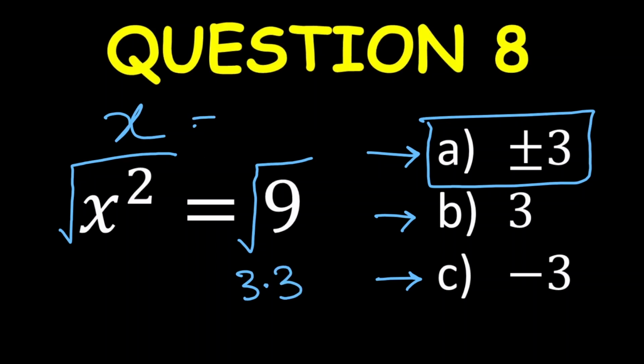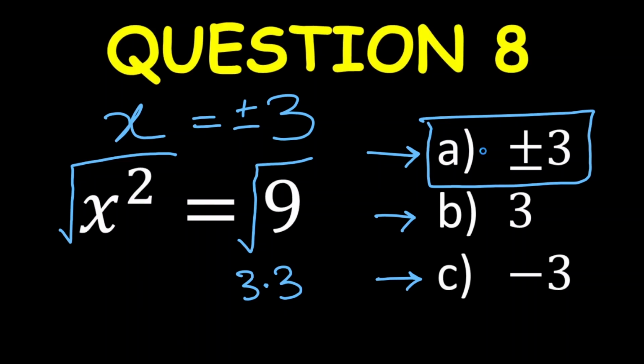The square root of 9 is 3, but in this case we have plus or minus 3. That's because the rule of sign says that minus times minus gives us a plus. So the correct answer is plus or minus 3.